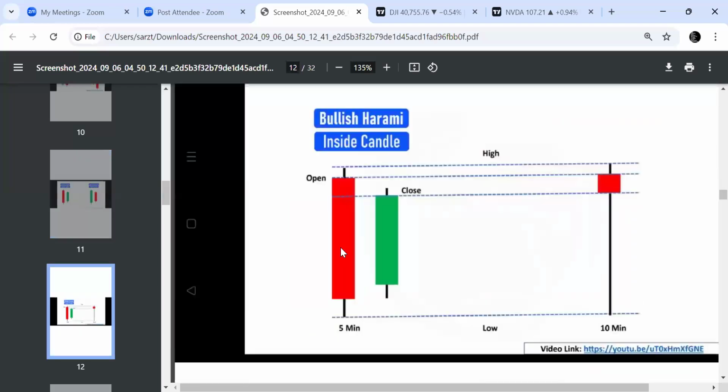For example, if we are seeing a bullish harami candle in the 5-minute time frame, in the 10-minute time frame we can see a shooting star.